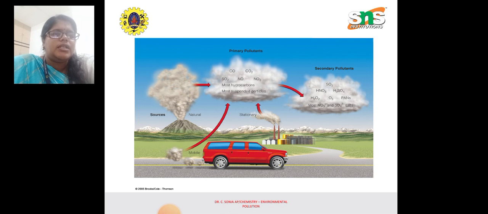They react with one another to form the secondary pollutants, that is, sulfur dioxide, nitric acid, sulfuric acid, hydrogen peroxide, ozone, etc. This picture depicts how the primary pollutants combine with themselves to form the secondary pollutants.